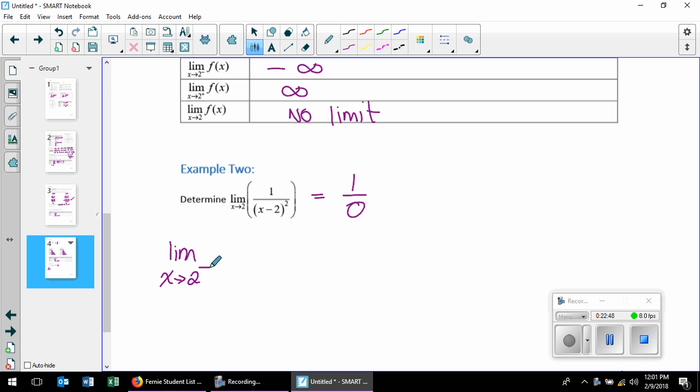Like a 1.999, right? You guys agree with me? If I put in a 1.99 something, what would be left here? 0.00, a really, really, really small decimal.